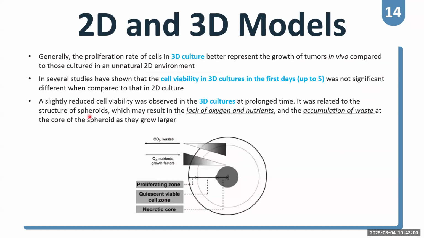Okay, again, be concerned about the 3 layers of the 3D organoid or spheroid. Okay, the outside proliferative zone receives a lot of oxygen and nutrients, and the cells can grow and grow.